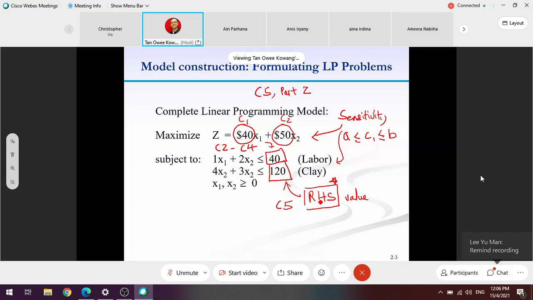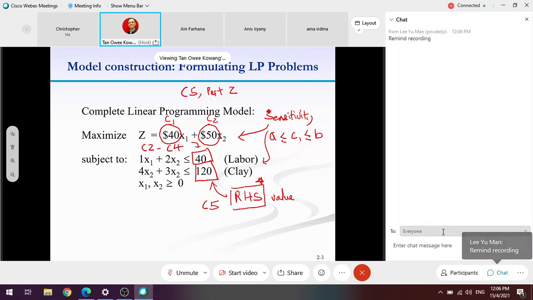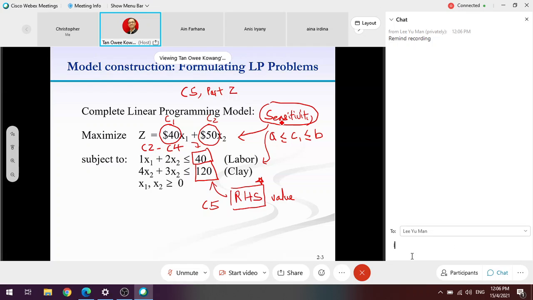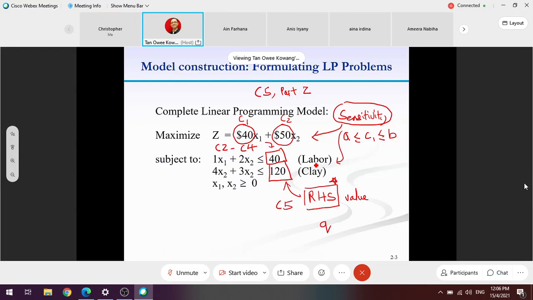It's on the slide, but I don't like to look at the slide first. So when we talk about the sensitivity range for the constraint, we are actually talking about the sensitivity range for the right-hand side value, which is defined as Q. For example, the sensitivity range for the constraint label is Q1 and the sensitivity range for claim is Q2.